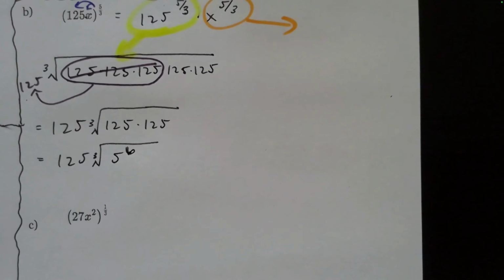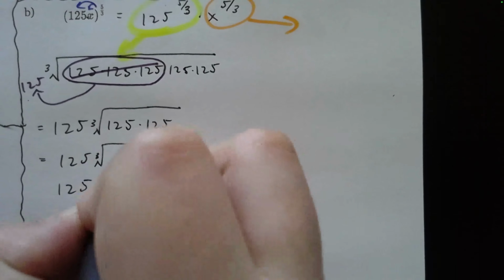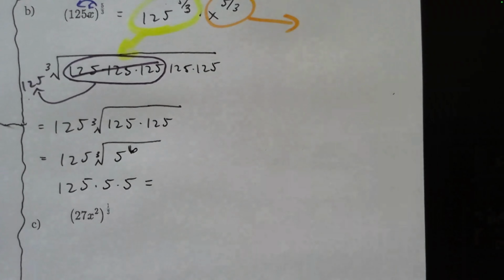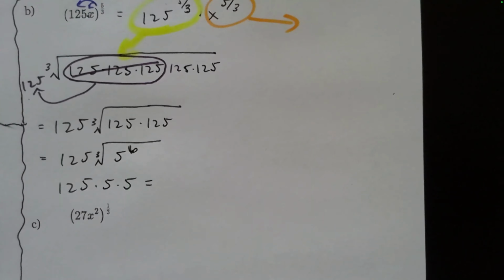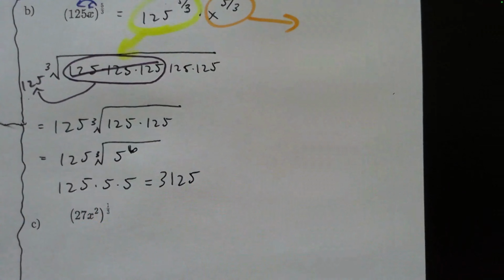Look for groups of 3 again. If I have 6 total, how many groups of 3 do I have? 2. So 125 times 5 times 5 is 3,125. Okay.